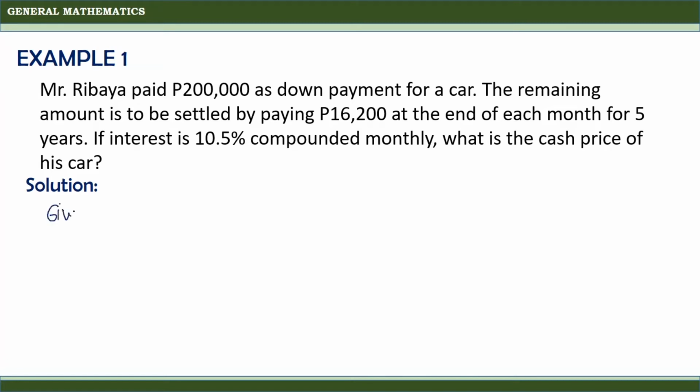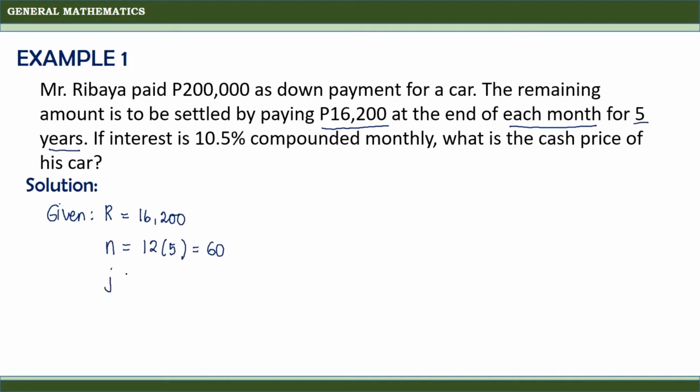Based on the problem, we have the following given. The value of R is equal to 16,200 since according to the problem, Mr. Ribaya pays 16,200 pesos at the end of each month. N, or the number of payments, is equal to 12 times 5, which is equal to 60, because the payment of Mr. Ribaya is monthly within 5 years.